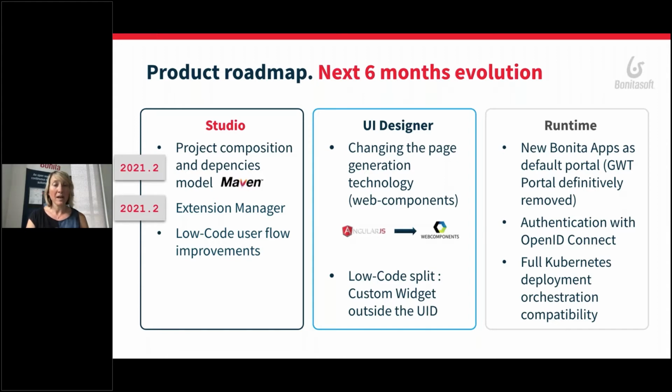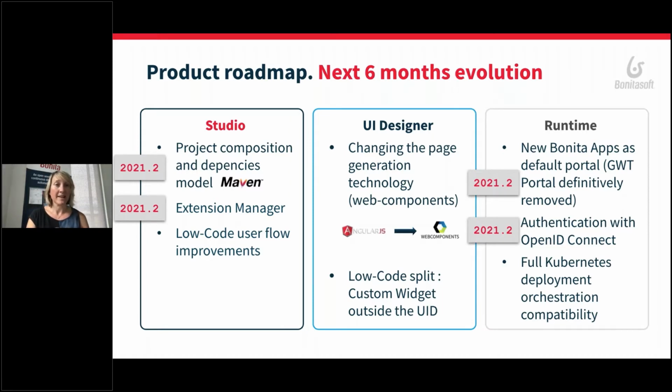But also, we support authentication with OpenID Connect, starting with 2021.2, which means that in Enterprise, not only can you use SSO with OpenID Connect, but you can also create users on the fly using the same authentication manager. And then in the next versions, we are going to support full Kubernetes deployment orchestration compatibility, which is related to our cloud strategy.